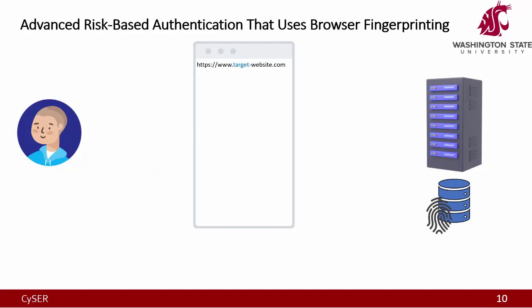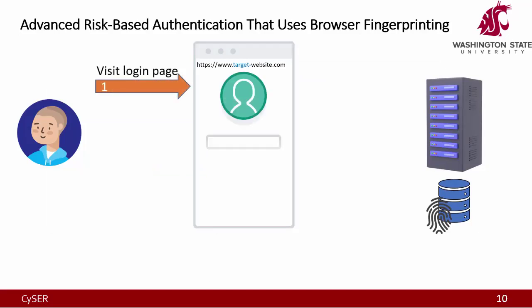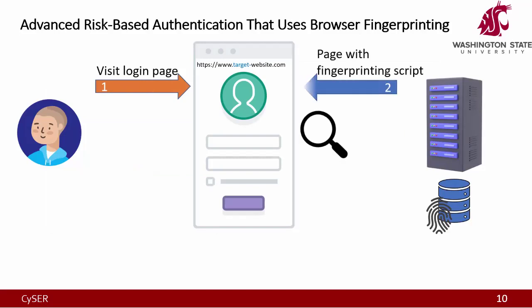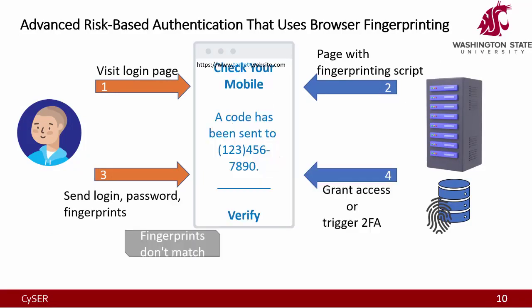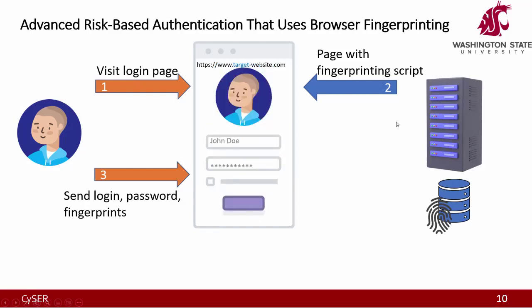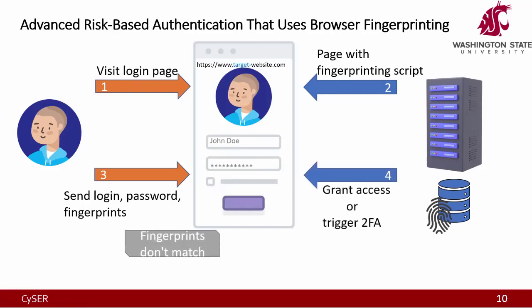So let's look at the authentication mechanism that uses browser fingerprinting. We have this user, the user visits the target website system and inputs the credential. The target system has a fingerprinting script to collect the user's fingerprints. After the user inputs the credential, the website will compare the user's fingerprint.